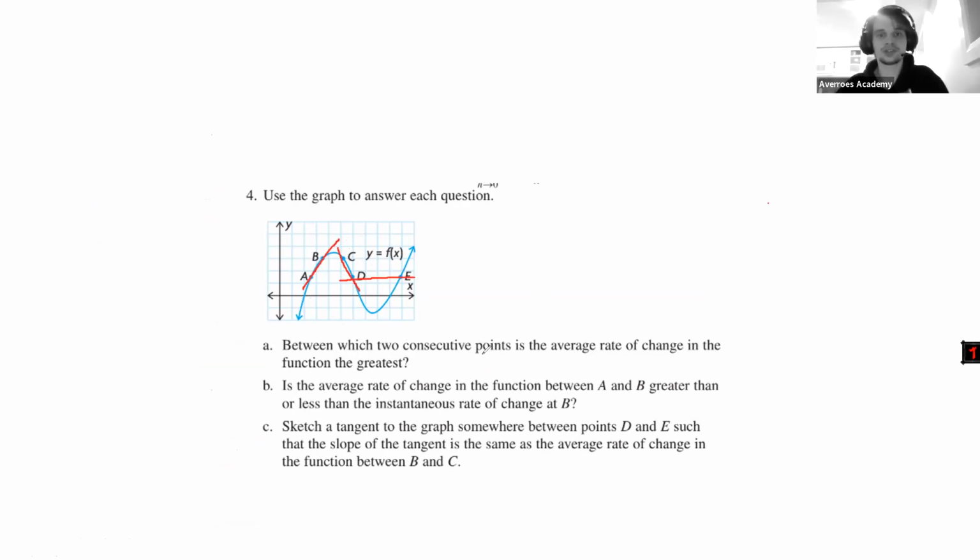Between which two consecutive points is the average rate of change the greatest? A to B, yeah, because the incline angle is the biggest one. And here we can say that the angle is even negative, so the function is decreasing. Is the average rate of change in the function between A and B greater or less than the instantaneous rate of change at B?